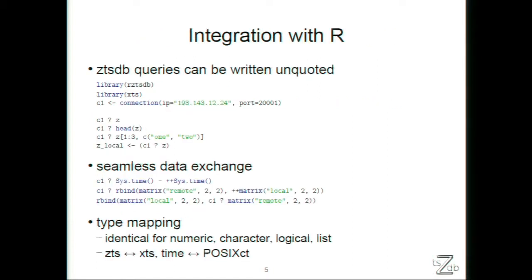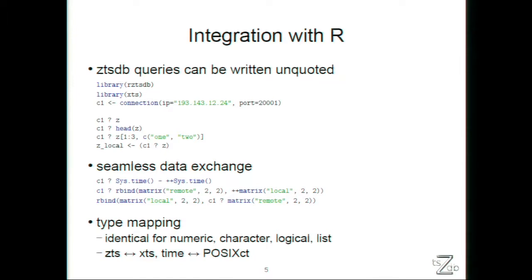For the integration with R, ZTSDB queries can be written unquoted inside an R session. So here's an example. You load the relevant libraries, create a connection C1 to a remote ZTSDB instance, and using the query operator, that question mark, everything on the right will be sent over and evaluated on the remote instance.